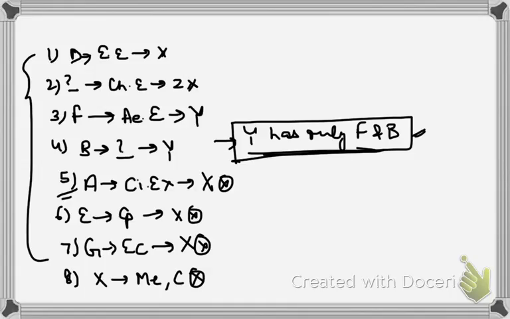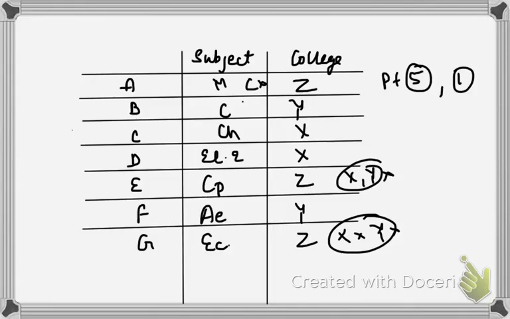Now I'm going to reveal the correct seating arrangement. This is the correct arrangement: A studies mechanical engineering in college Z, B studies civil in Y. This is the correct combination of college, subject and student, whatever you want to call it.